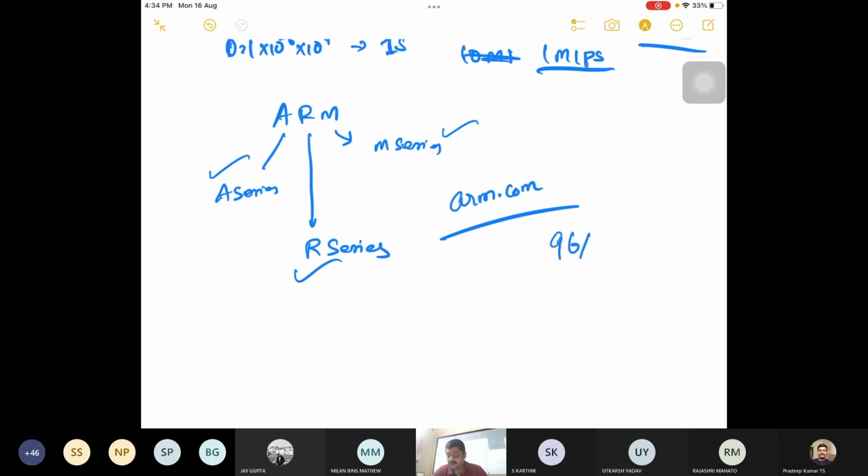Almost 96% of the handheld market, set-top boxes, washing machines, mobile phones, tablets, and even laptops now use ARM. Any household device with a processor inside, like Bluetooth speakers, also comes with ARM nowadays. So everywhere ARM comes, and that's how ARM controllers play a vital role in our day-to-day life.